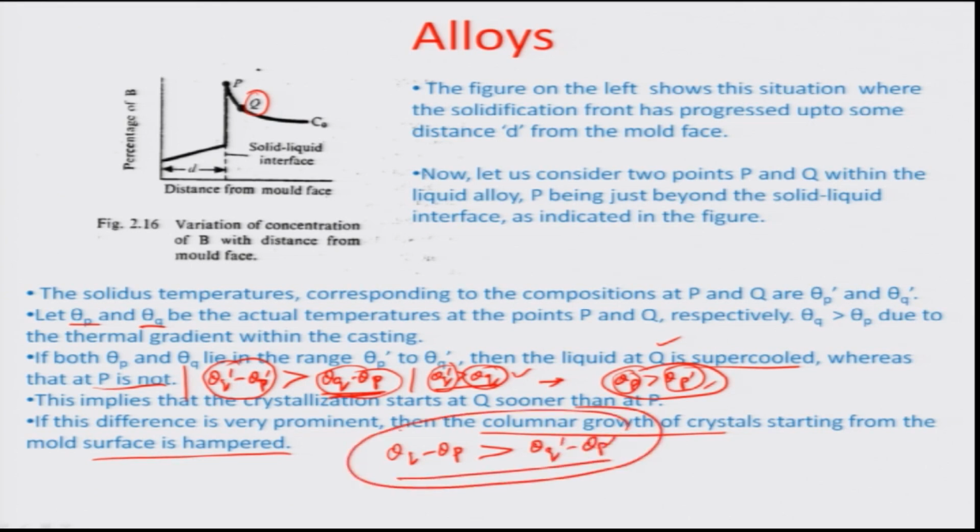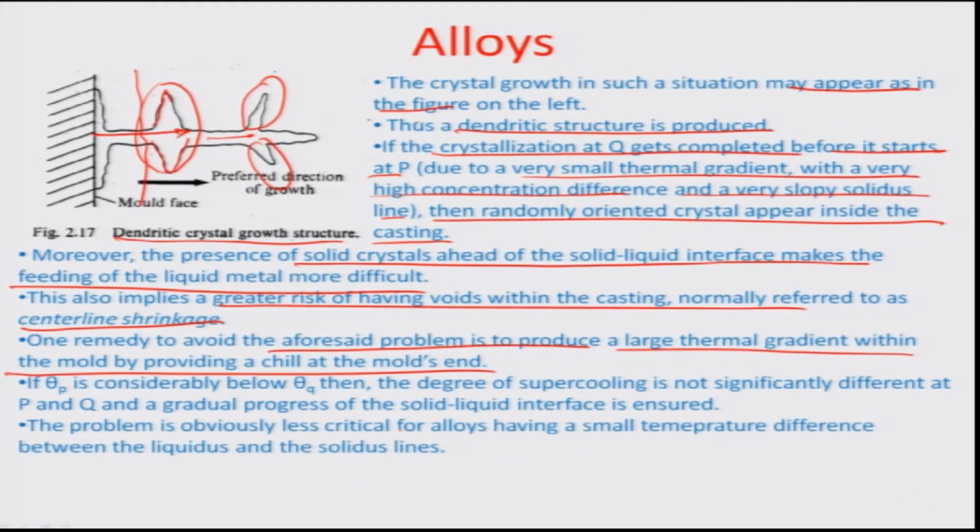So, that once again normalcy returns and there is a unidirectional growth prominently happening. So, that can only happen when you chill the mold end by putting some kind of metal insert which would facilitate rapid heat transfer from that particular point. So, you can create various large temperature gradients, so that Q does not get solidified before P because of the concentrational variation problem.